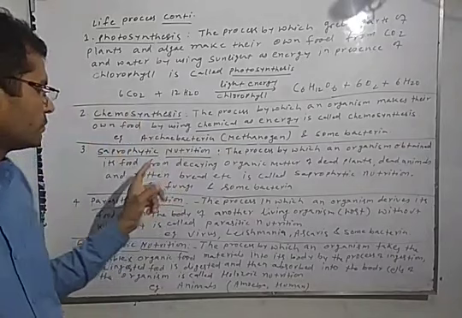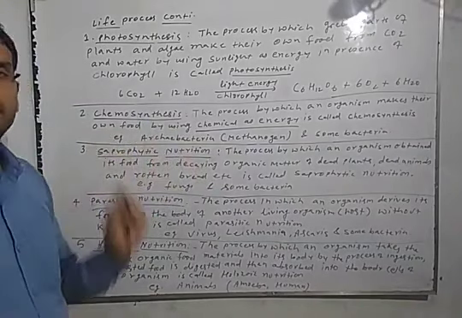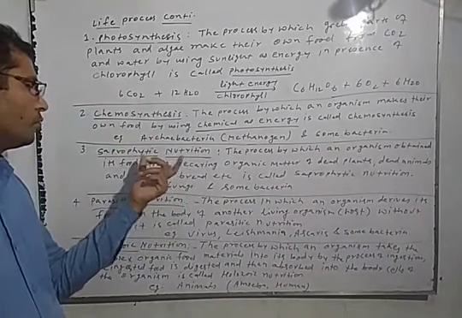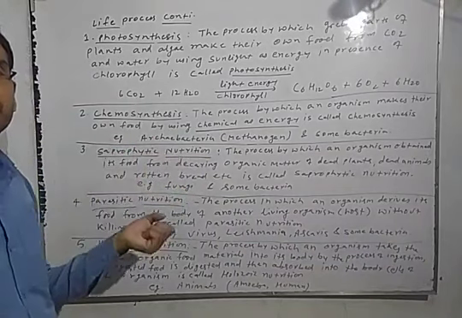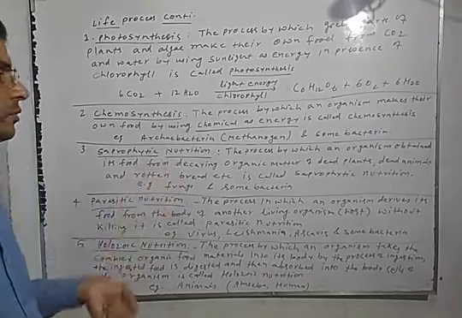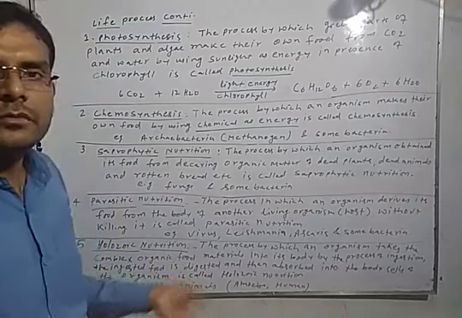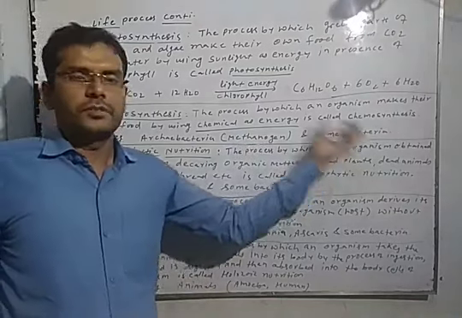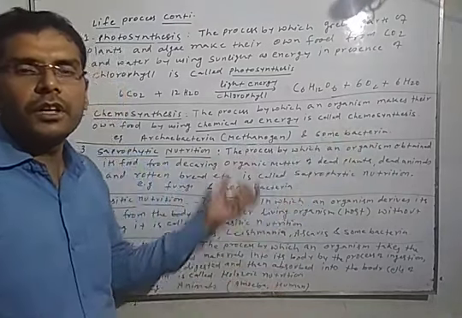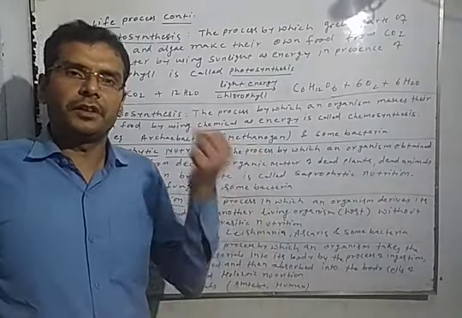Next type of nutrition, saprophytic nutrition. We have known about this type of nutrition since classes 5 and 6. In saprophytic nutrition, organisms obtain their food from dead and decaying organic matter.